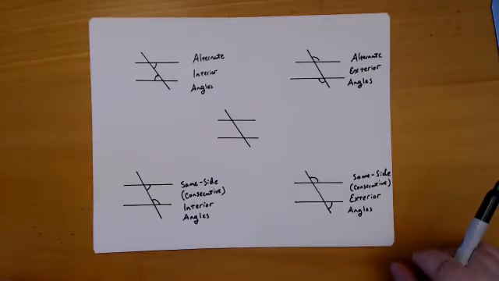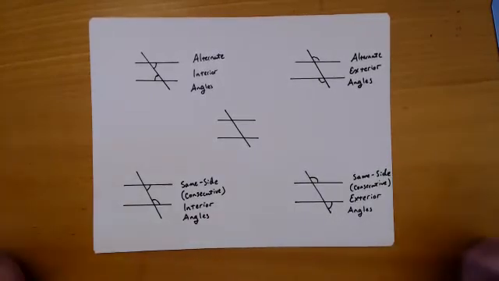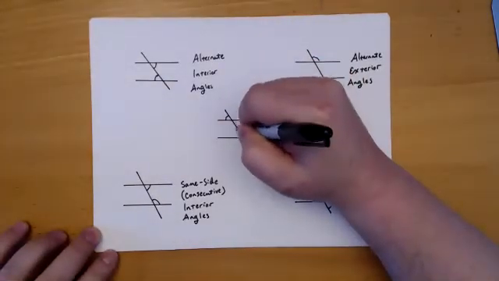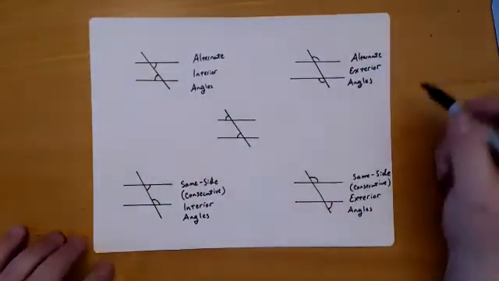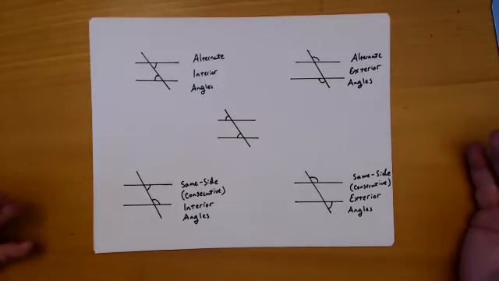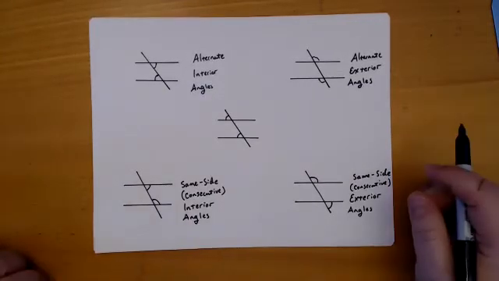All right. And now finally, the one in the middle, which is not like any of the others. Because it's not interior or exterior, right? You've got one of each.